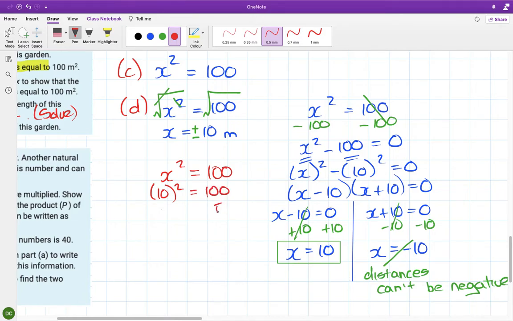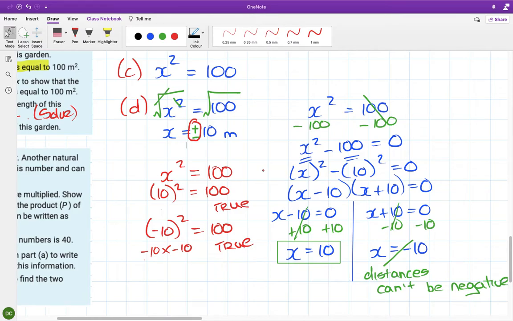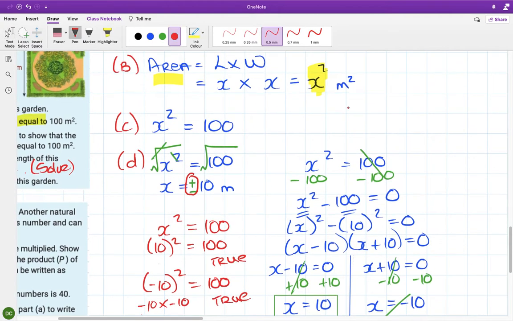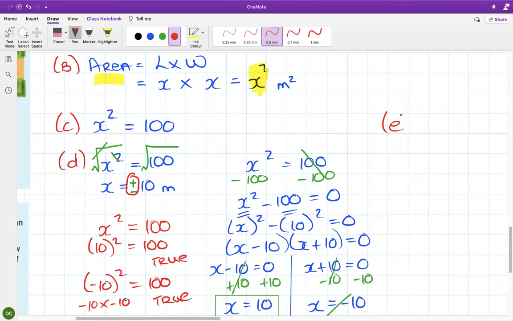Is that true? Yes, it is. What if I put in minus 10? Minus 10 squared equals 100. Is that true? Yes, it is, because you're doing minus 10 multiplied by minus 10, so the two minuses give you a plus. So anytime you use a square root to cancel out a square, you should always acknowledge that there are two answers. That's a really important thing. It just pops up, and may as well have talked about it there.